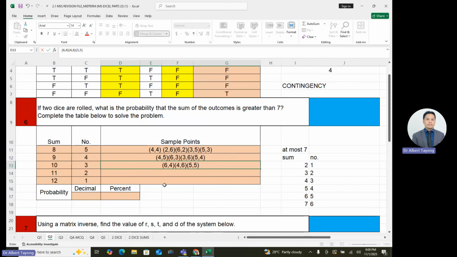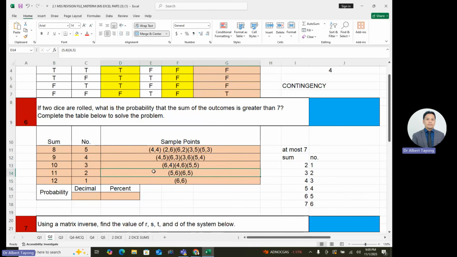In any order, you can start with 4, 6, 6, 4 until 5 and 5. Then for 11, we have 5, 6, 6, and 5. And for 12, we have only one possible outcome. We have 6, 6. So these are the possible outcomes to get these sums.